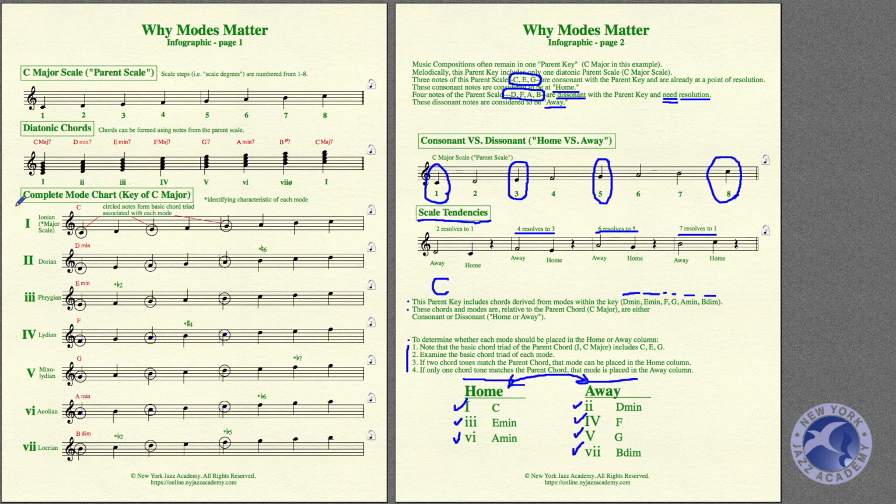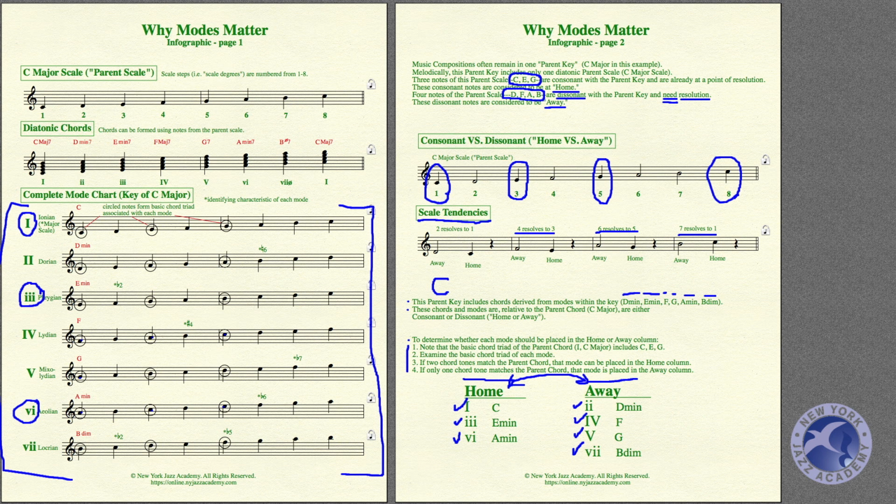A mode chart like this should not just be super static. You want to be able to go into a mode chart like this and immediately form a hierarchy where 1, 3, and 6 are all part of one team. That's the home team. Everything else is part of the away team. It's going to help you a ton when it comes to improvisation, songwriting, sight reading, boy, everything, composition.